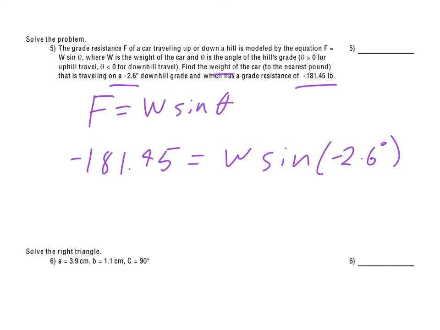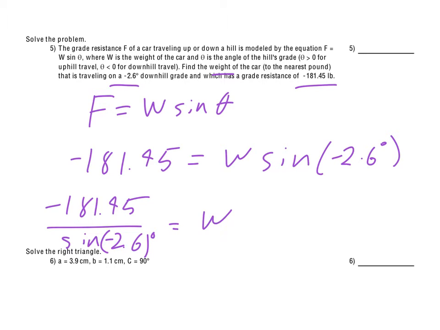So we know everything but W, so we'd have to divide both sides of that equation by the sine of negative 2.6. That's going to equal W. So again, a little work for the calculator. They did want this weight to the nearest pound, and so we get 3,999.9. So to the nearest pound, we'd be talking 4,000 pounds.